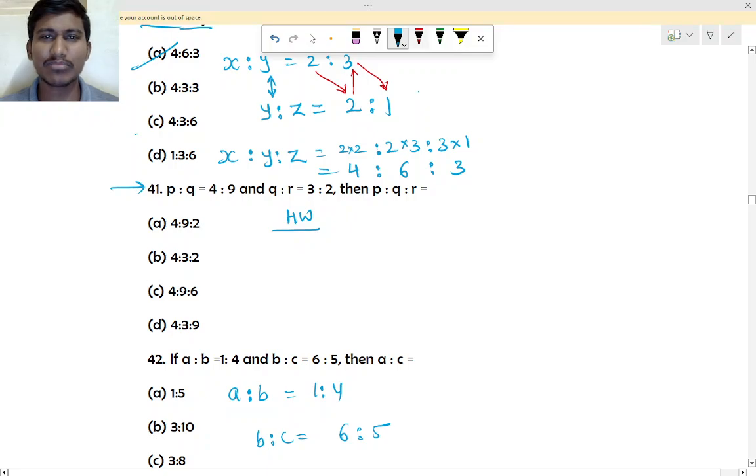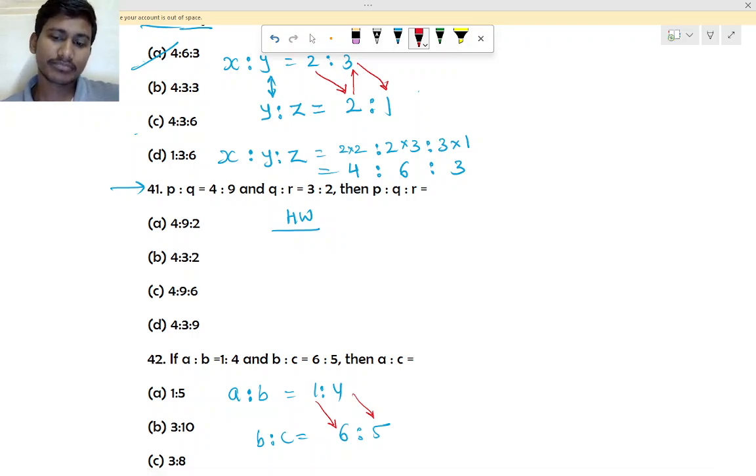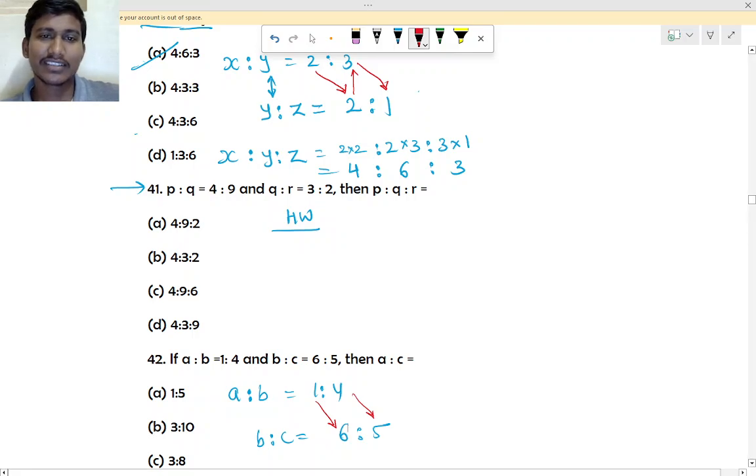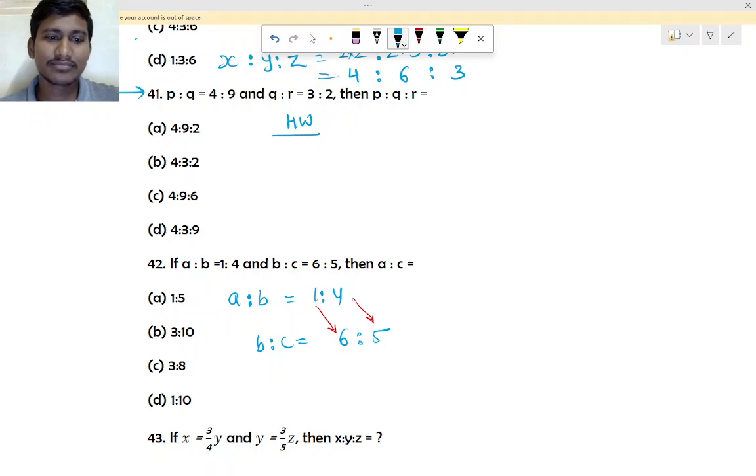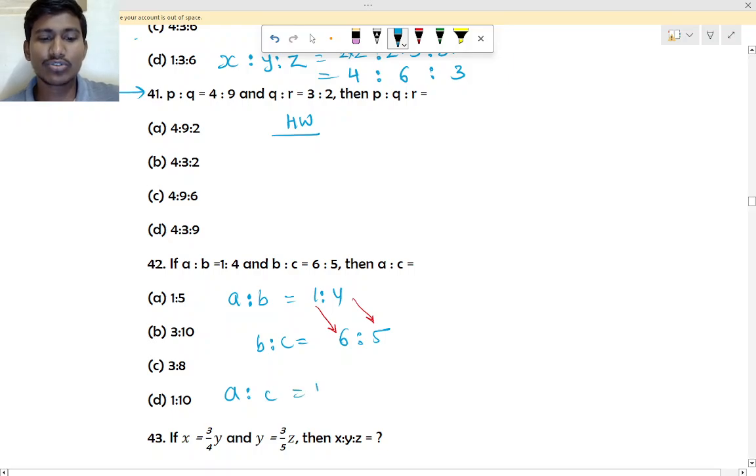So you can multiply both: 1 and 6, and 4 and 5, right? So what will be the answer then? A is to C. 1 into 6 is to 4 into 5.